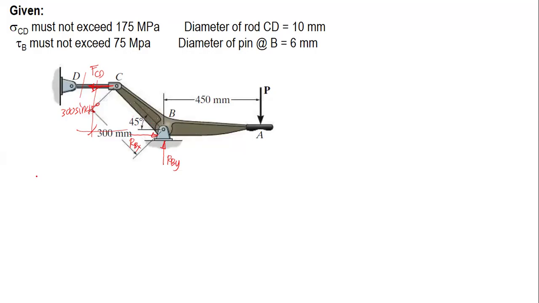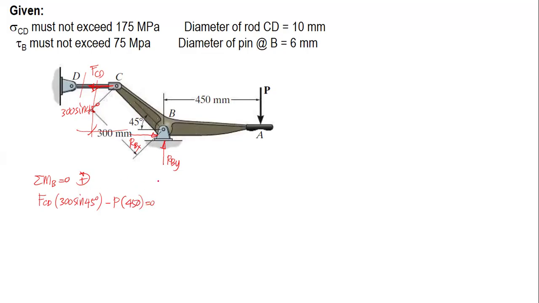So first, let us sum up moment about B, with counterclockwise moment as positive. So the moment of FCD is counterclockwise while that of P is clockwise. So we have FCD times distance 300 sine 45 minus P times distance 450.